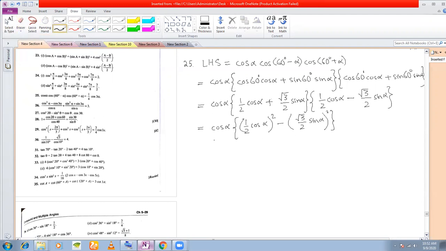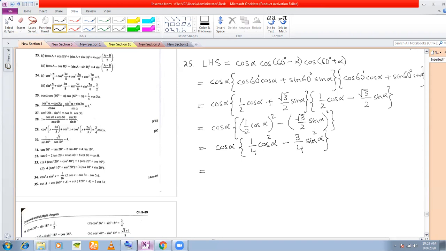Okay. So now this becomes cos alpha into 1/4 cos square alpha minus 3 by 4 sin square alpha.